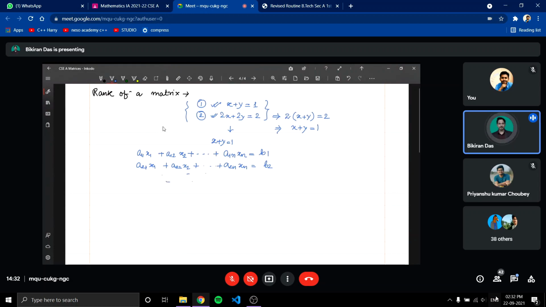In this way, suppose m number of equations are given, am1 x1 plus am2 x2 plus dot dot dot plus amn xn is equal to bm.